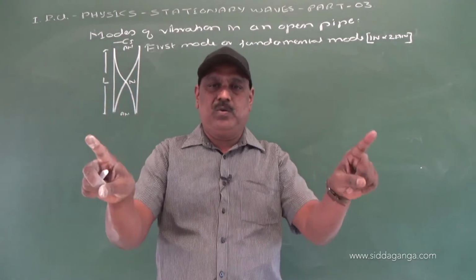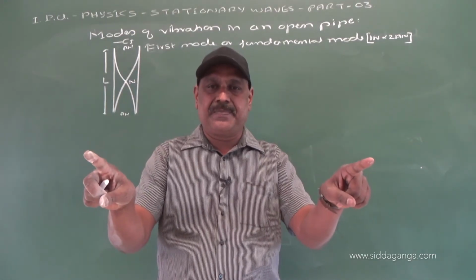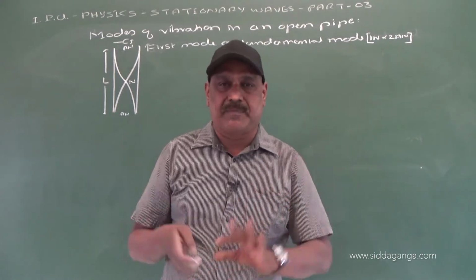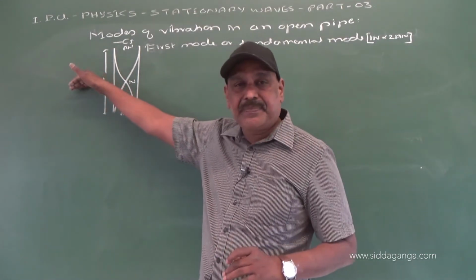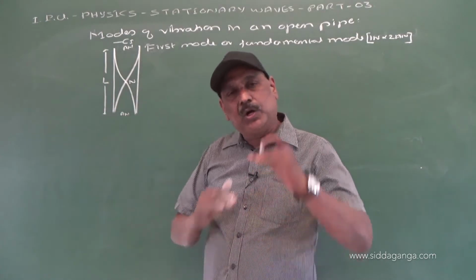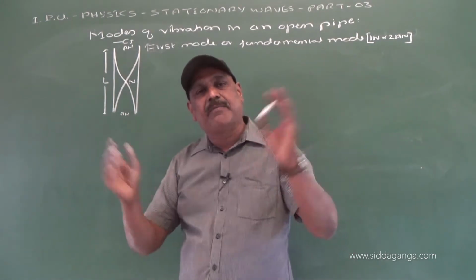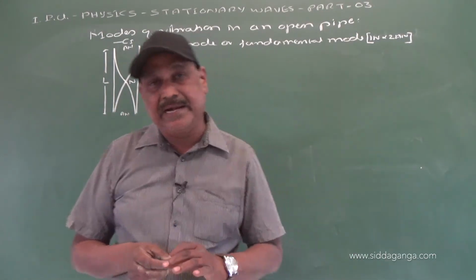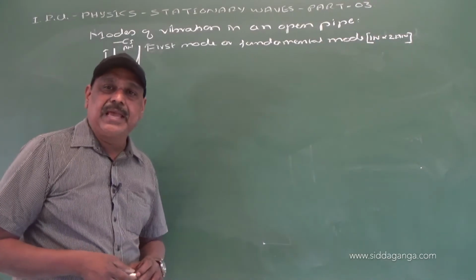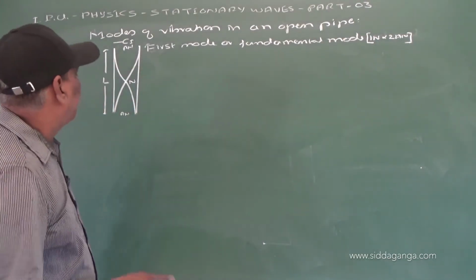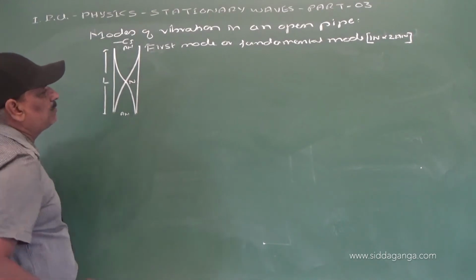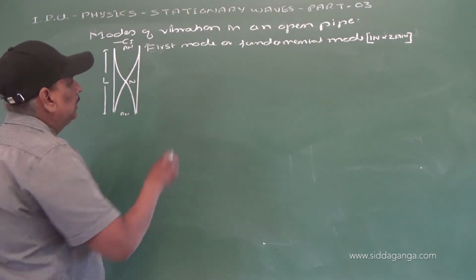Therefore, at the two ends of a stretched string, nodes are always formed. But in case of an open pipe, two antinodes are always formed at the two open ends, and of course a node between them, right? Now this is the first mode of vibration.